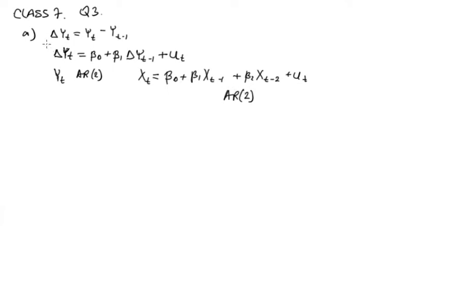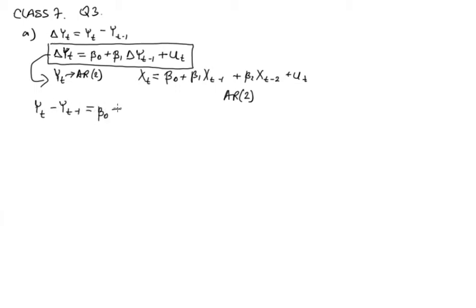Now using this model, we have to show that yt follows a similar AR2 model. First of all, we have to take the change in yt and expand it. So the change in yt is basically yt minus yt minus 1, equal to beta 0 plus beta 1 change in yt minus 1.